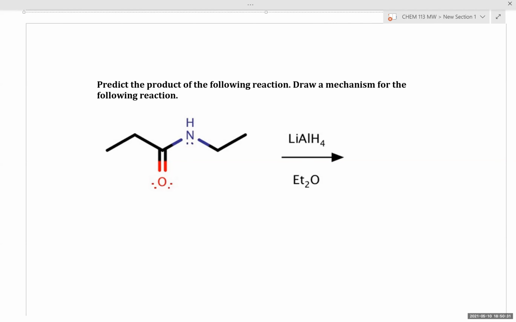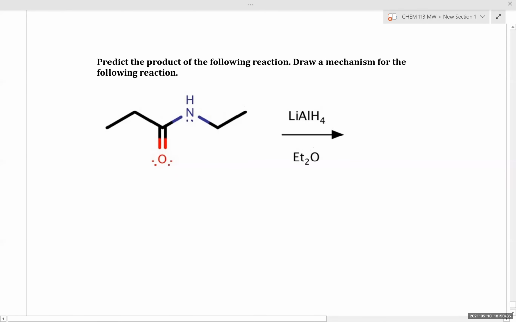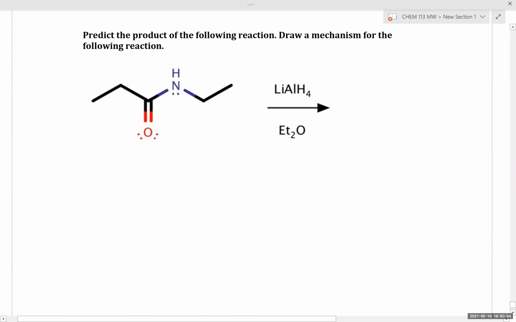So in this case, we have an amide and we're treating it with lithium aluminum hydride in diethyl ether. I'd like us to predict the product from this reaction and draw a mechanism. So let's work on this problem for about 3 to 4 minutes, and then I'd like students to share their proposed responses in the chat, verbally, and then ideally annotated on the class whiteboard.